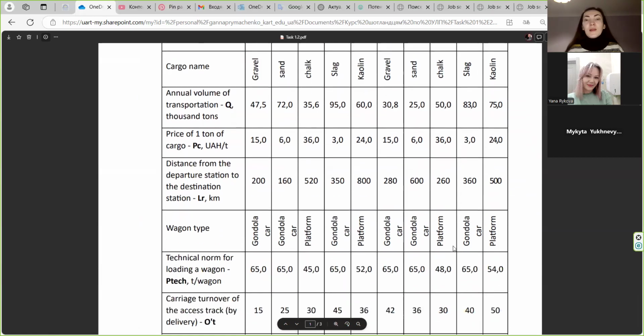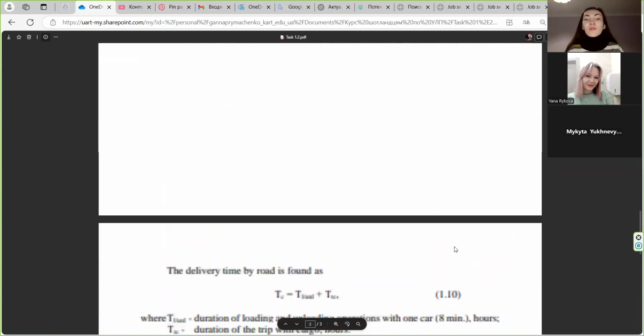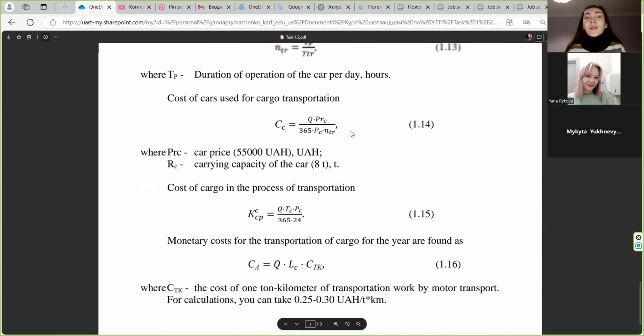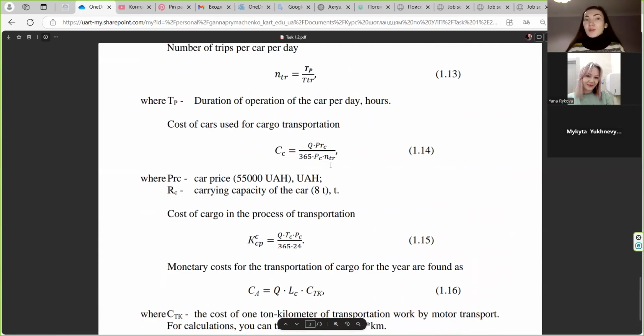Okay. And come back to our formula 1.14, and it leaves one parameter in our denominator. It is n with index tr. It is our previous calculation, number of trips per car per day. Please find this result of your calculation. Maybe it could be 1 or it could be 2 or 3.